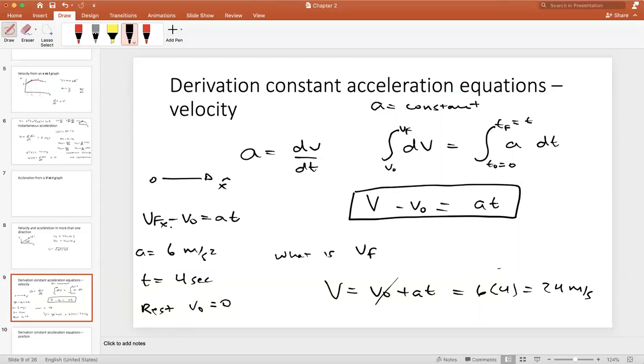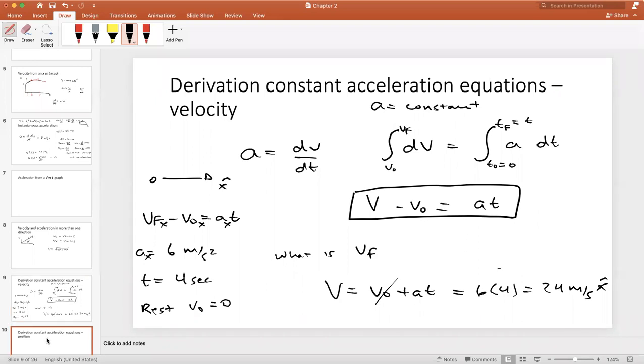So these are v final of x and v initial of x and a of x. I'm just keeping it pretty general. But if you did that, it would be in the x hat direction, right? And so what you see is the acceleration, if it's constant, times time, gives you the change in velocity. We got that from the integrals.